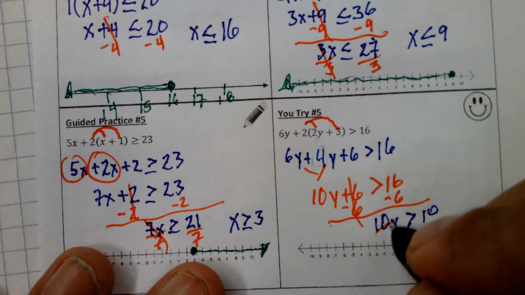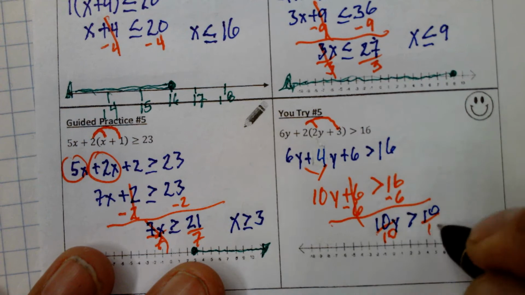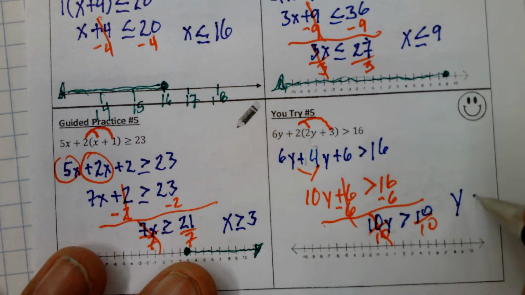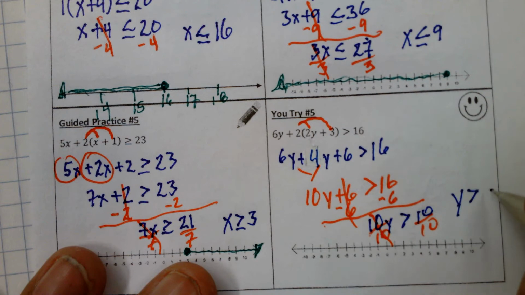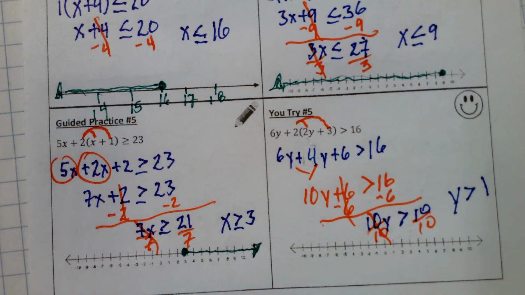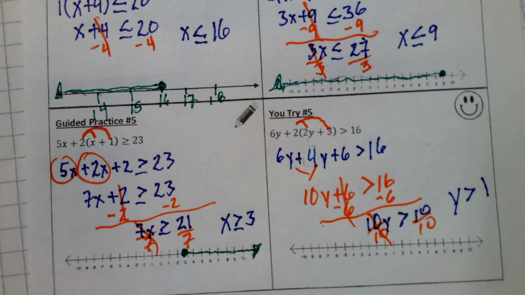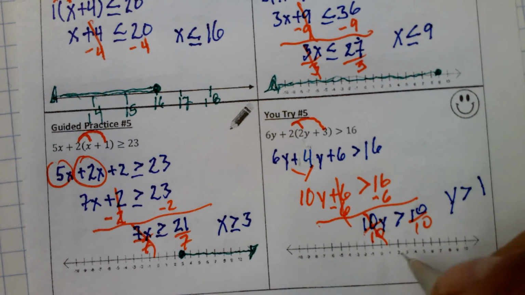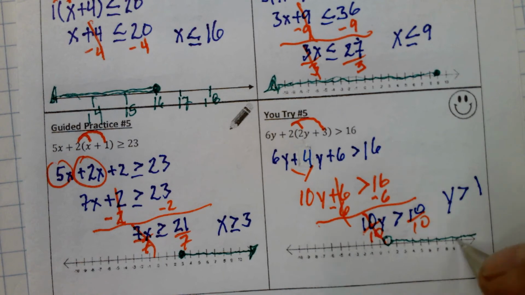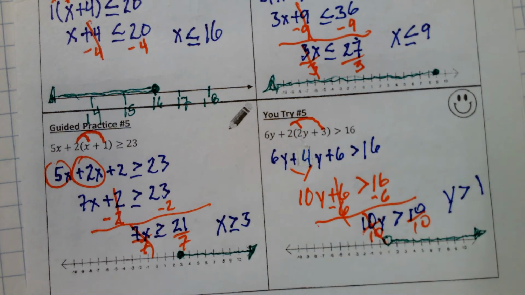And then divide by 10. Y is greater than 1. And we want anything greater than 1. So open point here and going this way. Okay. And we'll stop it there.